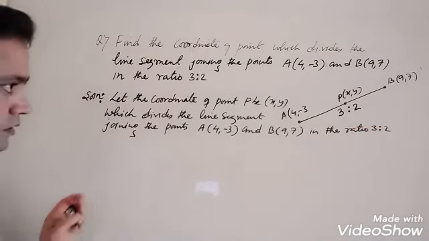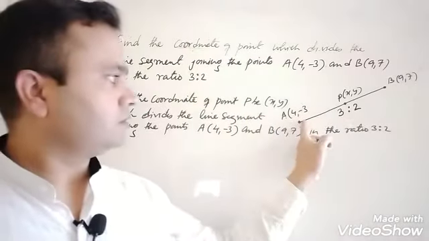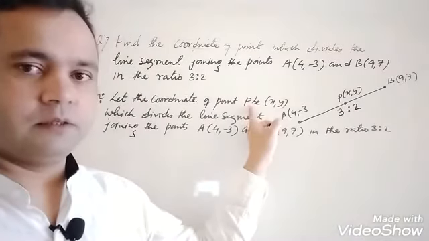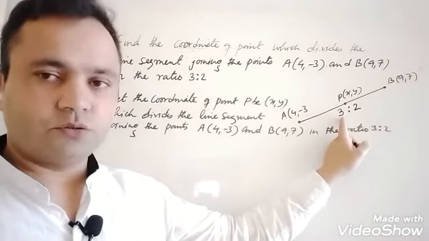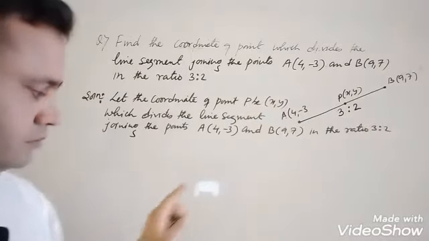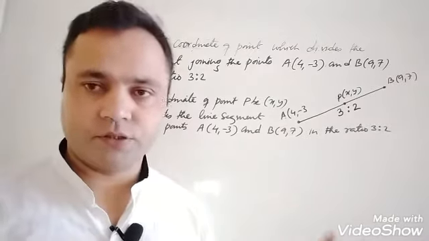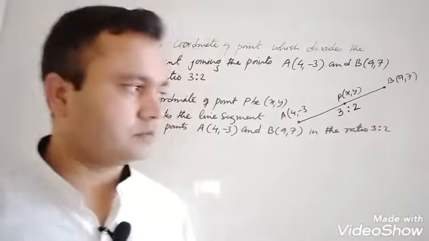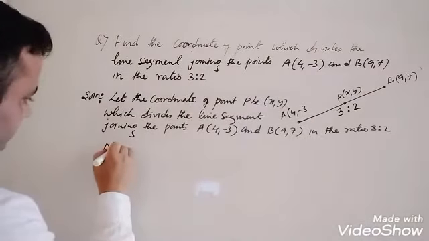This point P divides the line segment AB in the ratio 3:2. Now we have to calculate the point P. First calculate x by using the section formula, and after that calculate y by using the section formula.